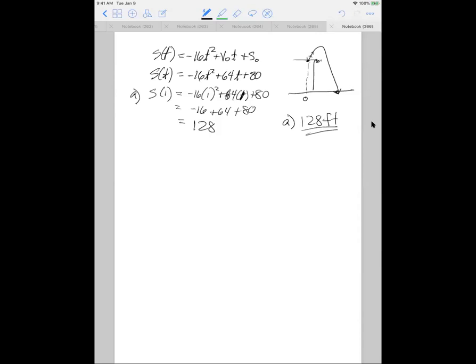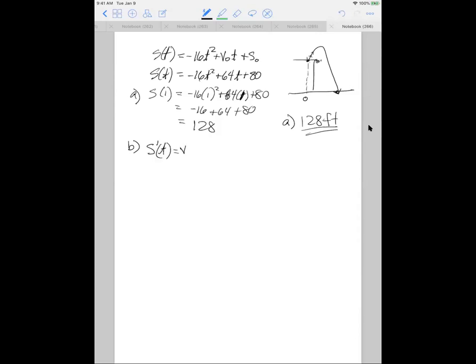Okay, and then let's go back to look at the second part of the question, which had to do with writing the velocity formula at any time t. So what we do, being that the rate of change of the position is the velocity, rate of change is talking derivative. So what we've got for part B, where we're asked for the velocity function, is we take the derivative of S of t.